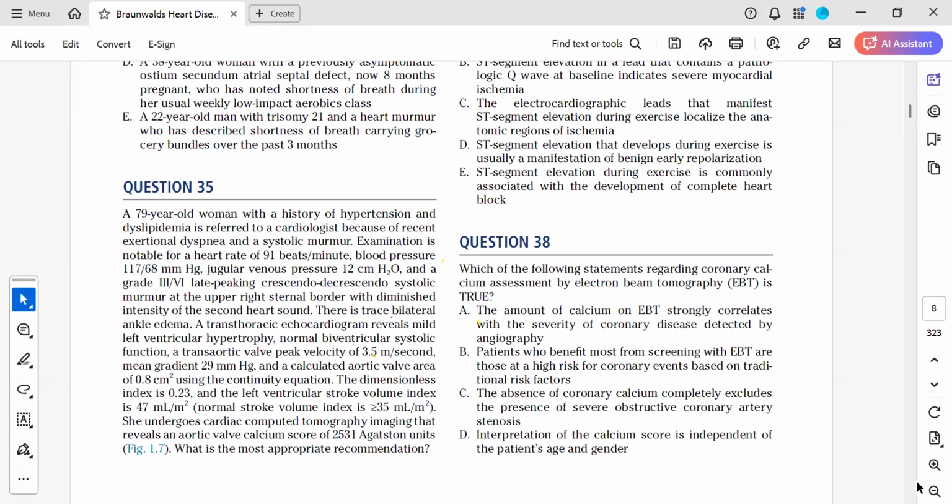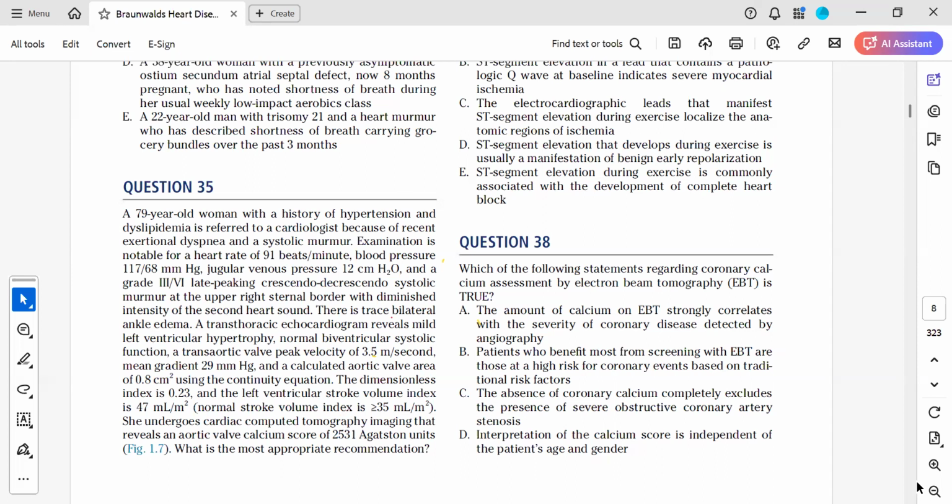The transaortic valve peak velocity was measured at 3.5 meters per second, and the mean gradient was 29 millimeters of mercury, with the aortic valve area calculated using the continuity equation.